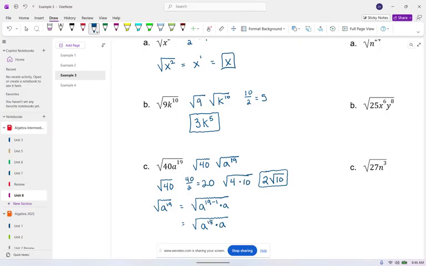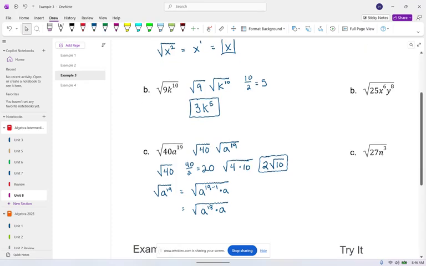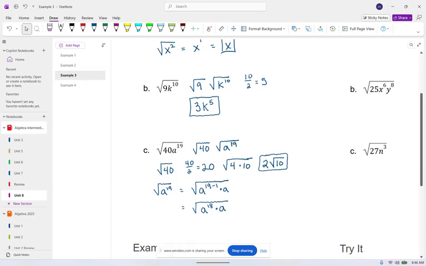And remember our product property. In order to figure out what the new exponent is when we're multiplying things together, we just add the exponents. And so we have 18 plus 1. And now we can take 18 divided by 2 to get 9. So we'll pull out a to the 9th, and we'll leave in square root of a. We'll put a box around this.